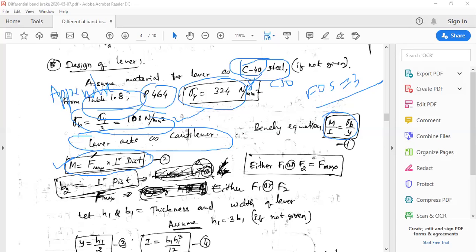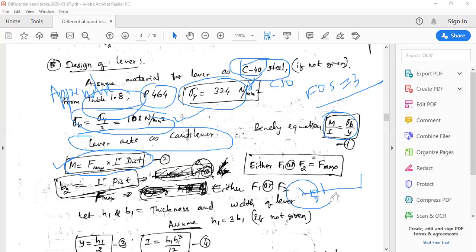But here it is a different case, because on either side of the fulcrum we will be having forces. If I consider the right side of the fulcrum point, suppose this is the lever, these are the two end points, and this is the fulcrum point. Here I will be having one force, and another force is here.